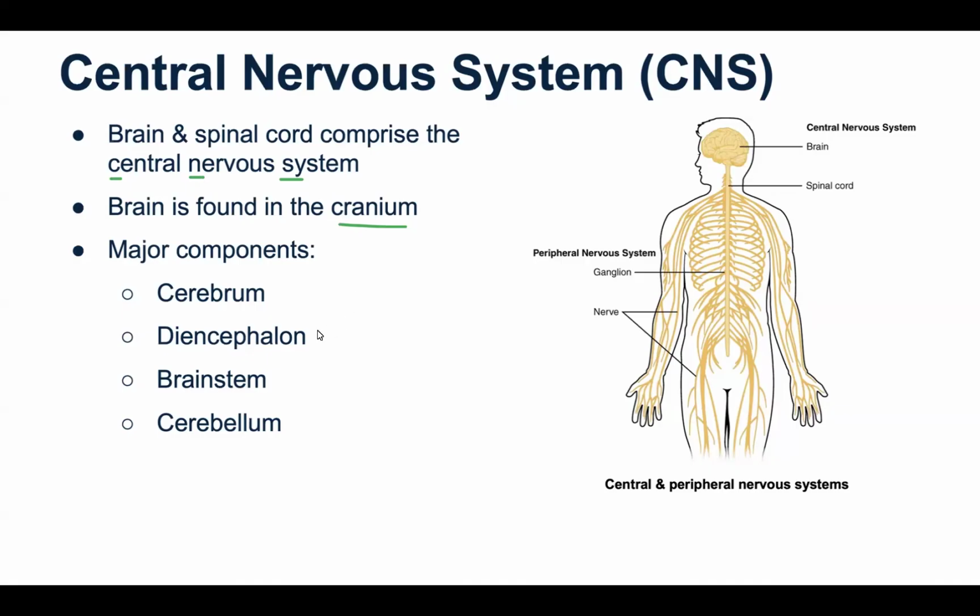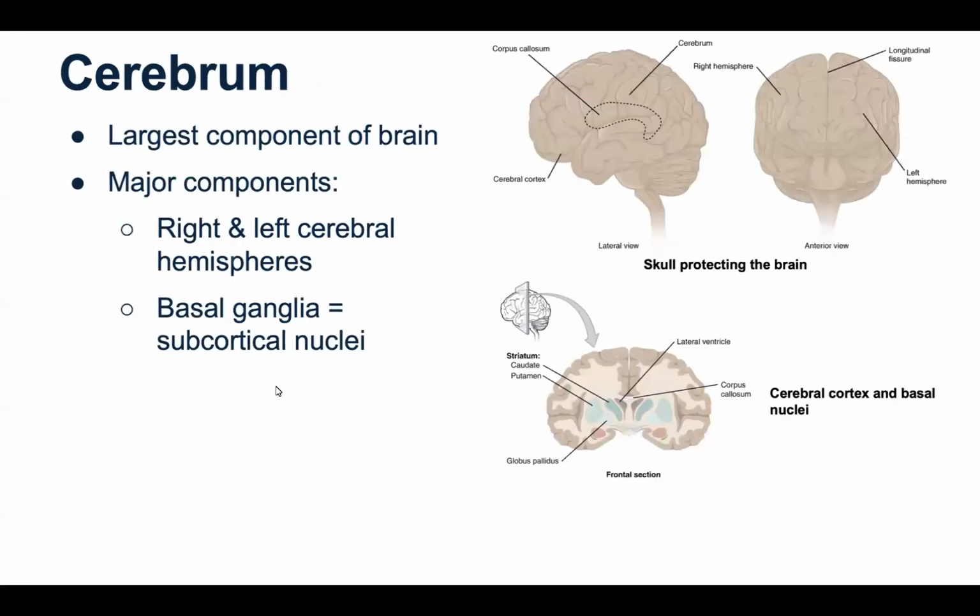But there will be deeper structures such as the diencephalon, and then you'll have the more inferior structures, the brainstem and the cerebellum. But we're going to start with this biggest portion, the cerebrum. Often people incorrectly assume the brain is just the cerebrum because it's the largest and most visible portion of the brain. It's going to be composed of the right and the left hemispheres, cerebral hemispheres.